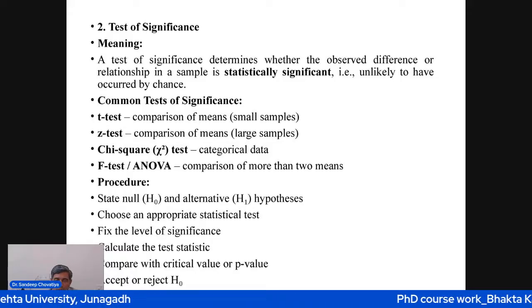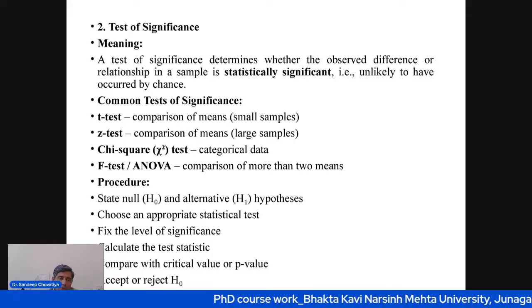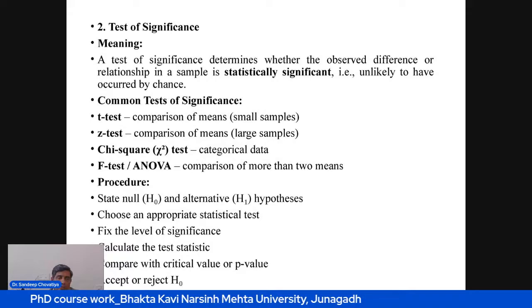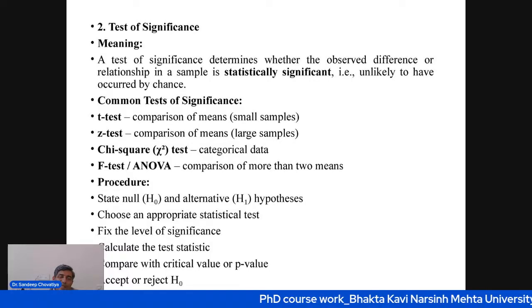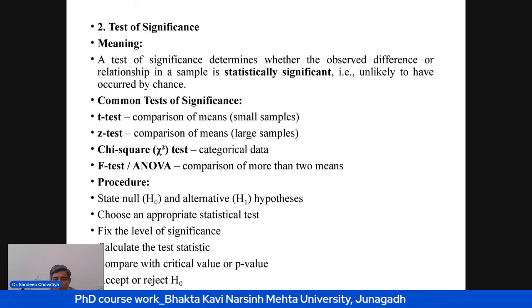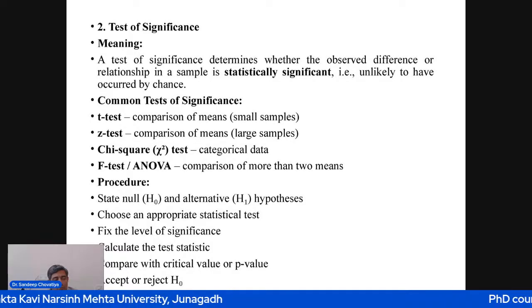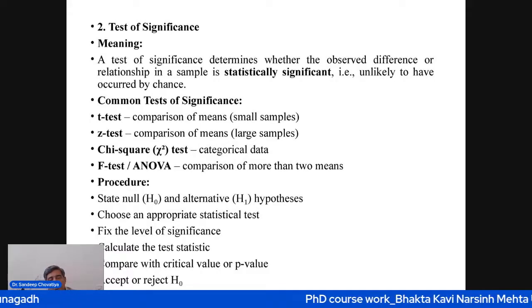So the procedure we already know, or already discussed. First we state the null hypothesis as well as design the alternative hypothesis. Then we choose the appropriate test statistic. After that we fix the level of significance, which is the P level, or the alpha level, mostly 0.05.